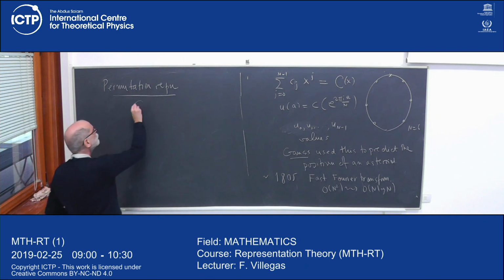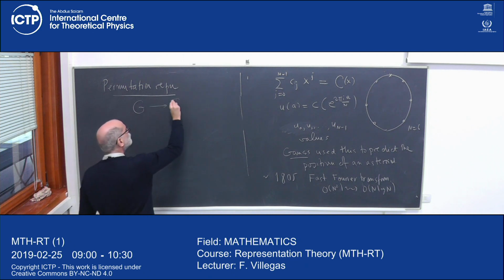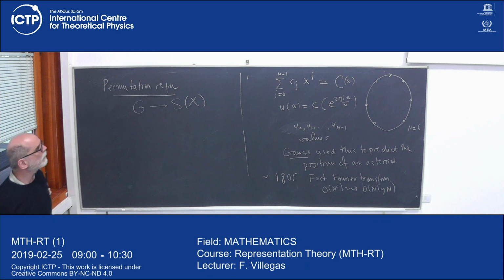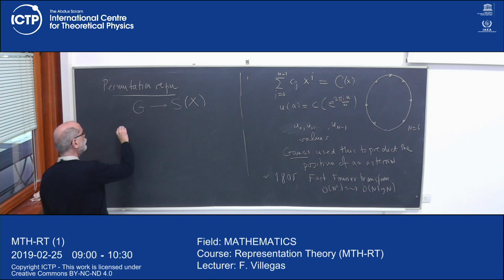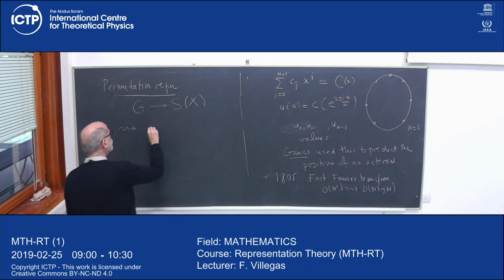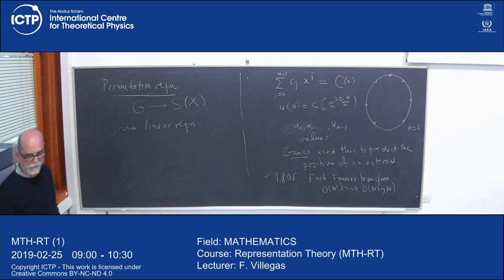So recall that that means that we have a group G and a map to permutations of a set X. And again, G is finite, X is finite. So out of this permutation representation, I'm going to associate a linear representation. And here's where we have to be a bit careful with left and right to get things right.